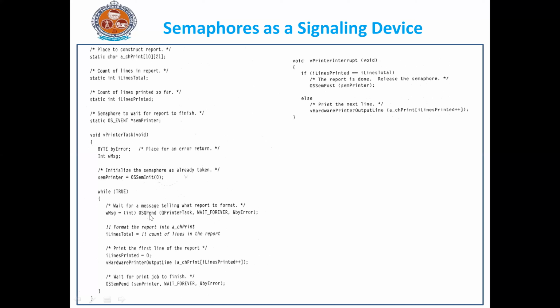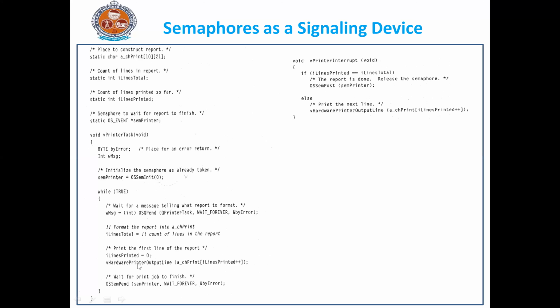This is the function for taking the semaphore and this is for releasing it. Format the report into the variable we have already given, and also count the total number of lines, which is specified in iLinesTotal.